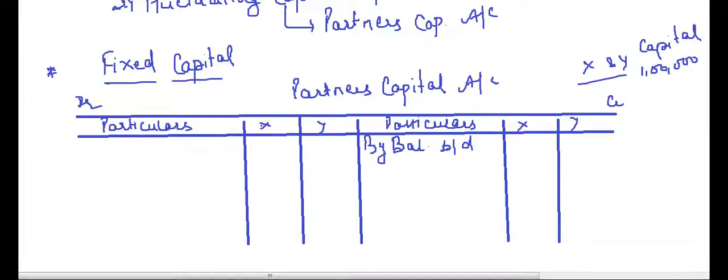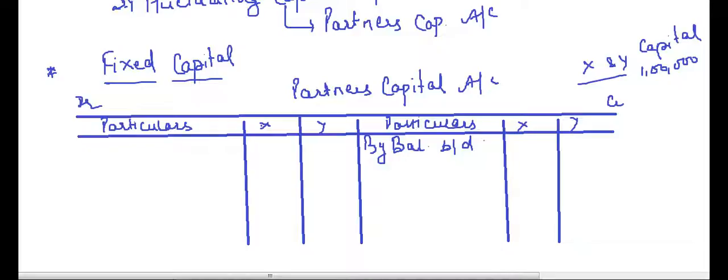We always have a credit balance when the capital is introduced by the partners. We can have a debit balance if the drawings of a partner are more than its capital. Then we will have the debit balance of the capital account. Remember this thing.